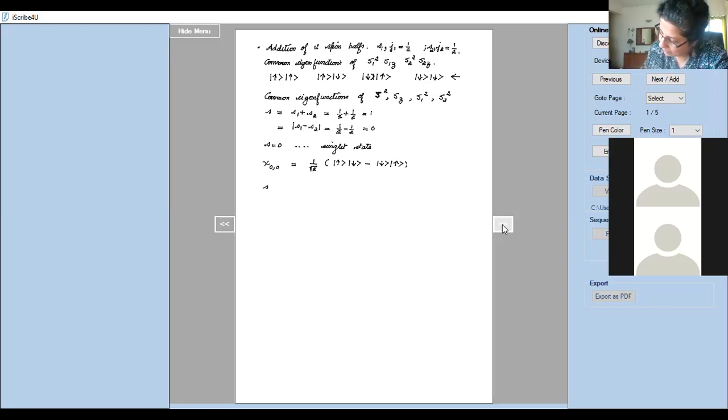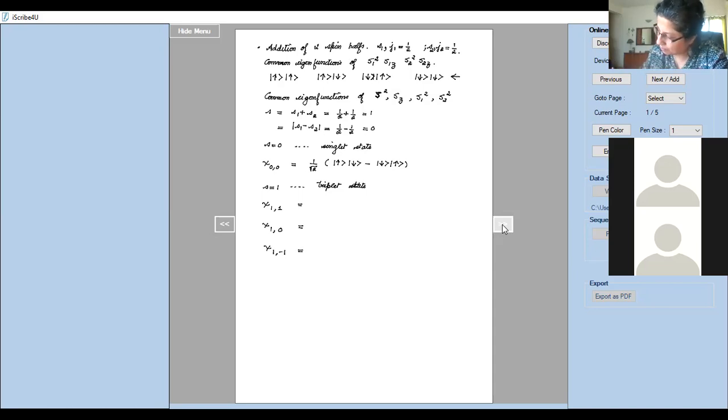Then you can have S equal to 1, which is essentially your triplet state, okay? And your triplet state can have chi 1,1, or chi 1,0, or chi 1,-1. Those are all your total M values.